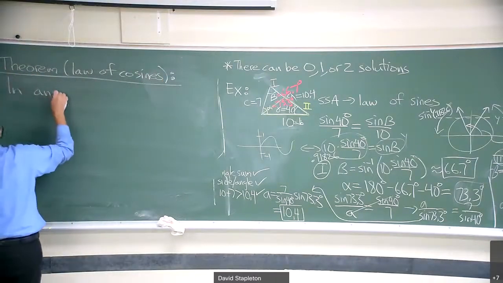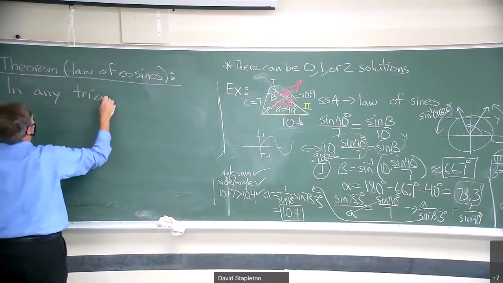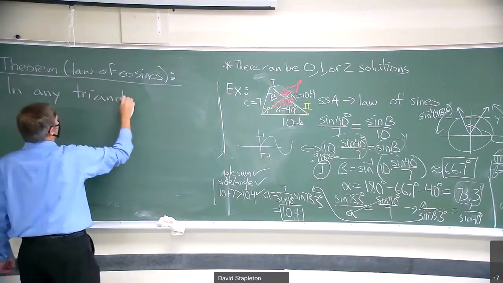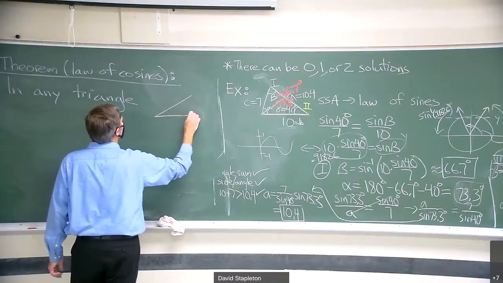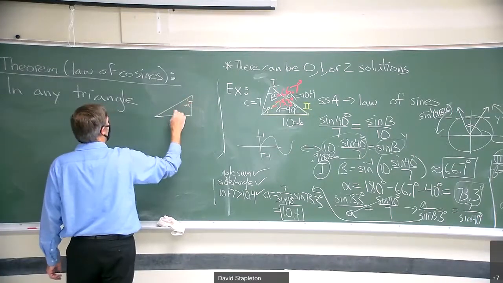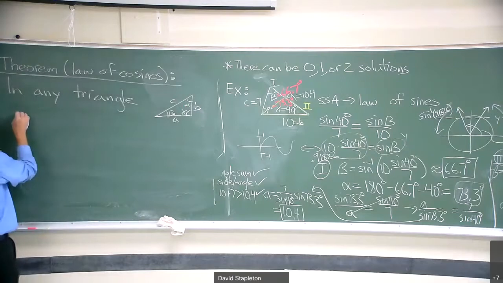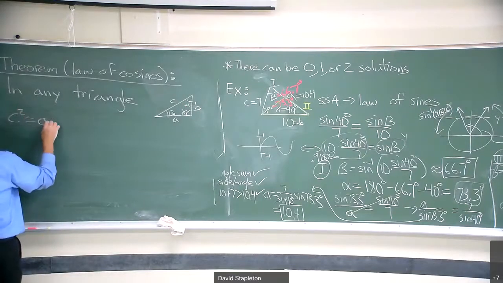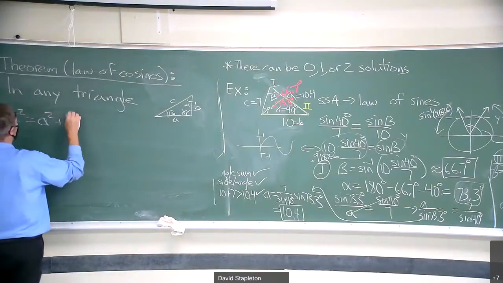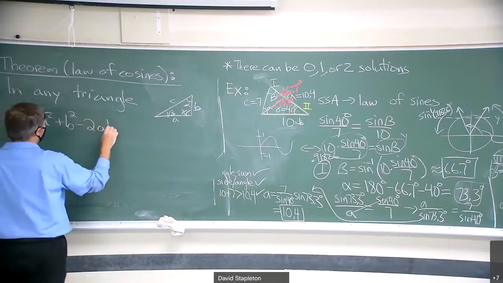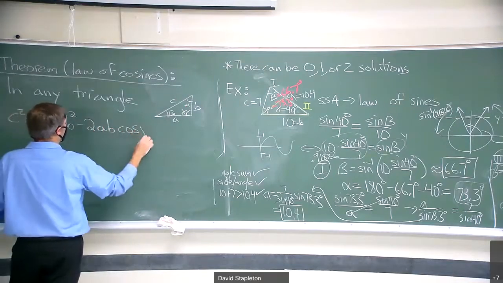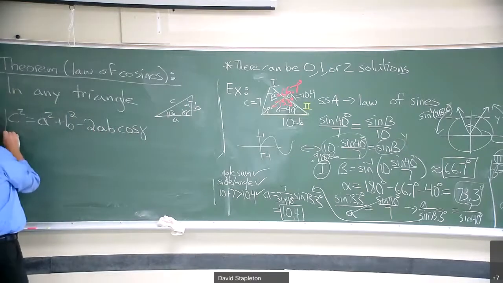In any triangle labeled in the canonical way, alpha opposite A, beta opposite B, gamma opposite C, it is true that C squared equals A squared plus B squared minus 2AB cosine gamma. There's the law of cosines.